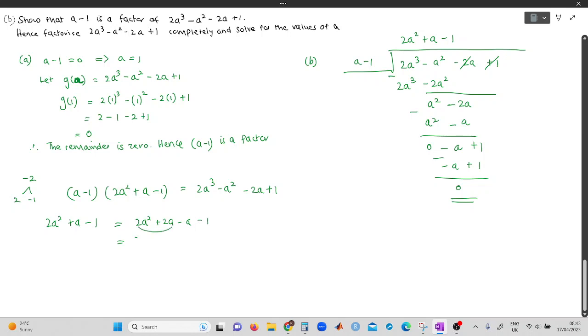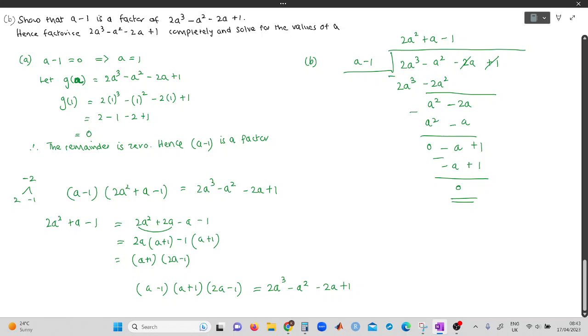I factorize this one first, and I will get a plus 1, 2a minus 1. So here I can say that a minus 1, a plus 1, 2a minus 1 is the same thing as 2a cubed minus a squared minus 2a plus 1.